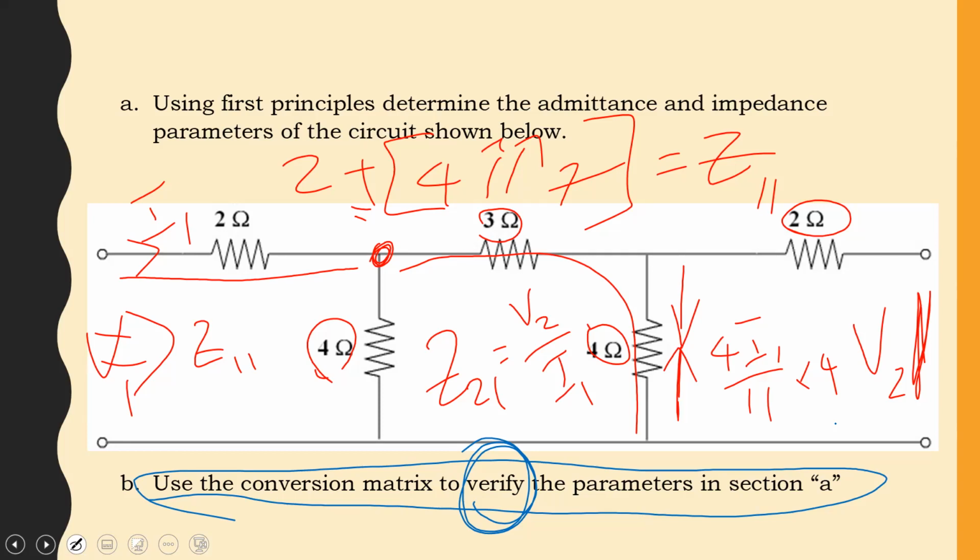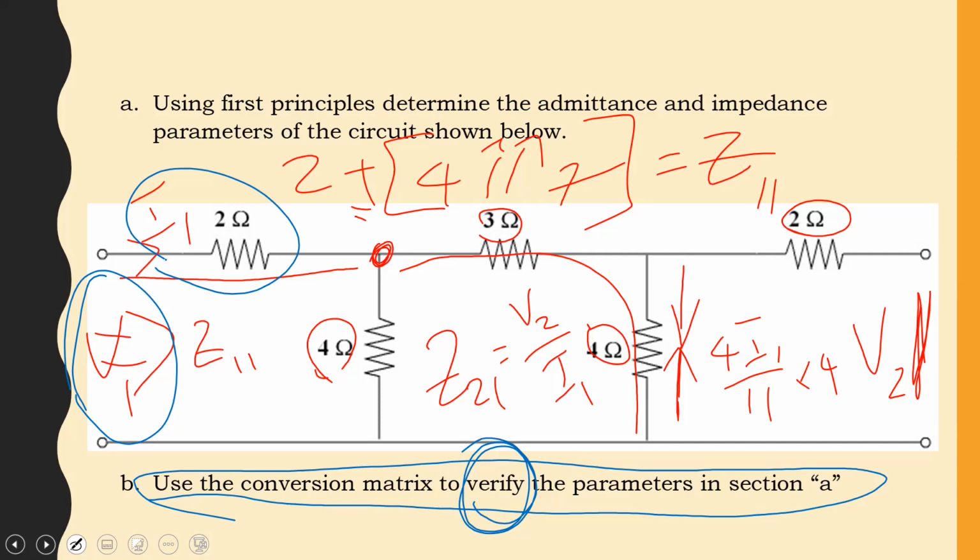You mean this V1 here? Being equal to 2 times this? Yeah, minus 2I1. Why would you even think that? Well, I was thinking that the V1 would be the same across the 4 ohm, at that point where you have the circle.